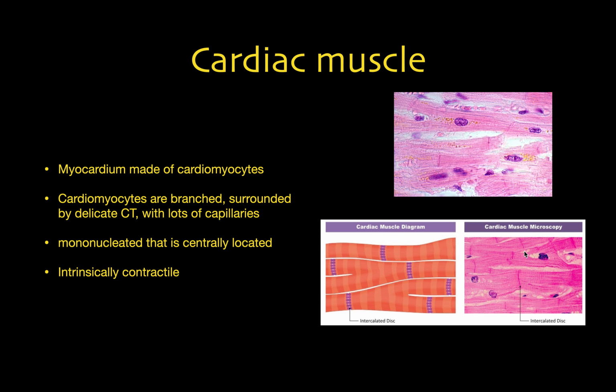Here, as you can see, these are the intercalated discs, and here's the nucleus, and all these dots around them are either glycogen droplets or mitochondria.